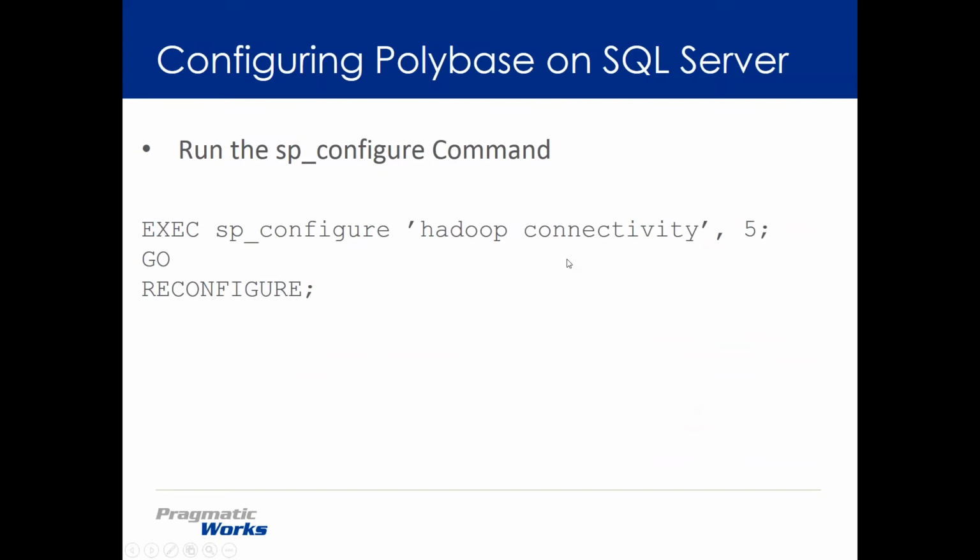If you set the flag to 3, then you enable it for Cloudera for Linux. 4 is enable platform for Hortonworks on the Windows server. And 5 is for the Hortonworks Data Platform on Linux. I'm using the Hortonworks sandbox for Linux. If you want to get started, I recommend doing it that way.